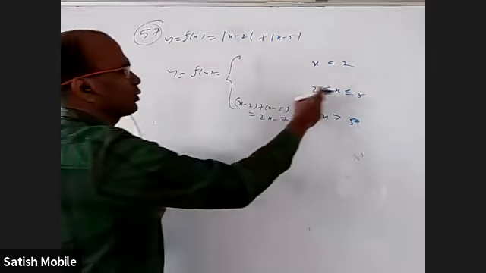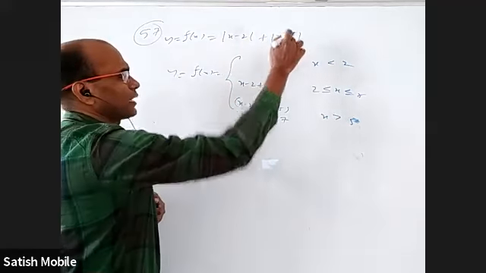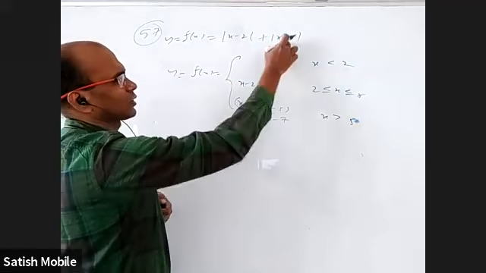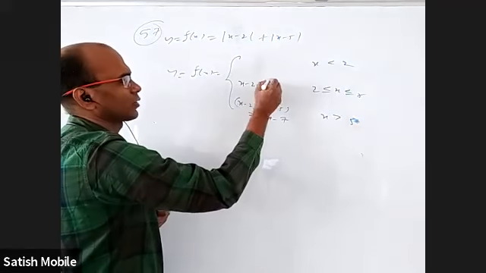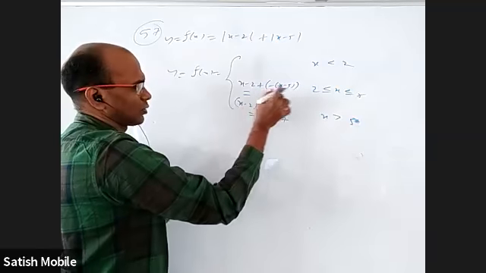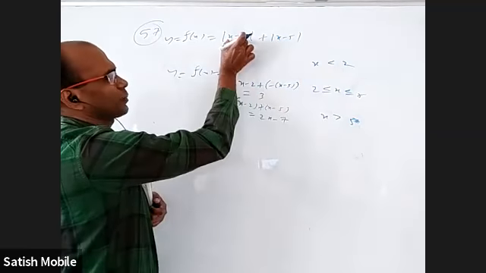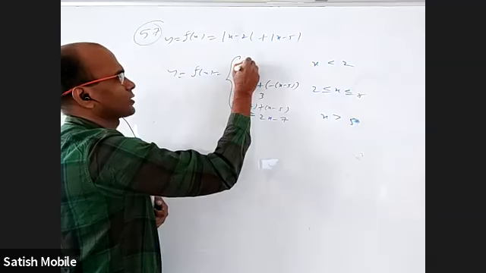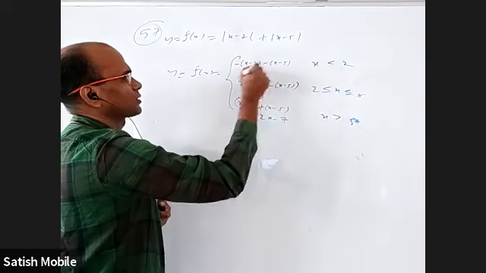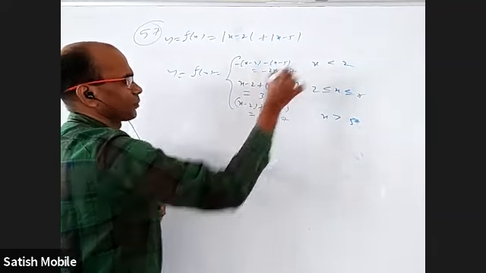When you take x between 2 and 5, x minus 2 is positive, so it stays x minus 2. But x minus 5 is negative, for example if you take 3 or 4. So I have to write minus of x minus 5, that is 5 minus x, and 3 will come. When x is less than 2, both inner parts are negative, so we get minus of x minus 2, minus of x minus 5, which is minus 2x plus 7.